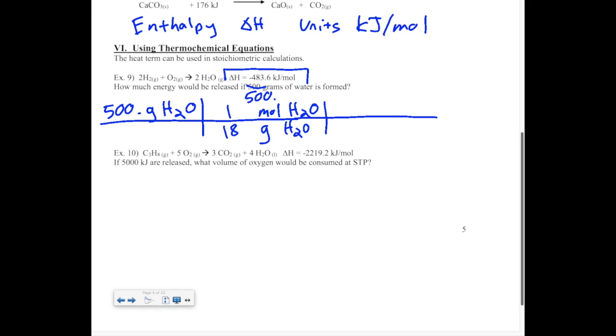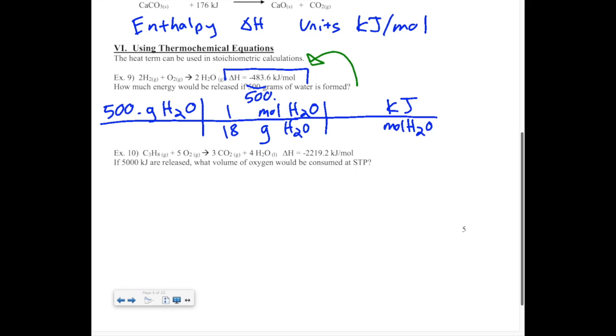So I'm going to convert my units from moles of water to kilojoules, I apologize. So the number that I get from this is the number from right here.